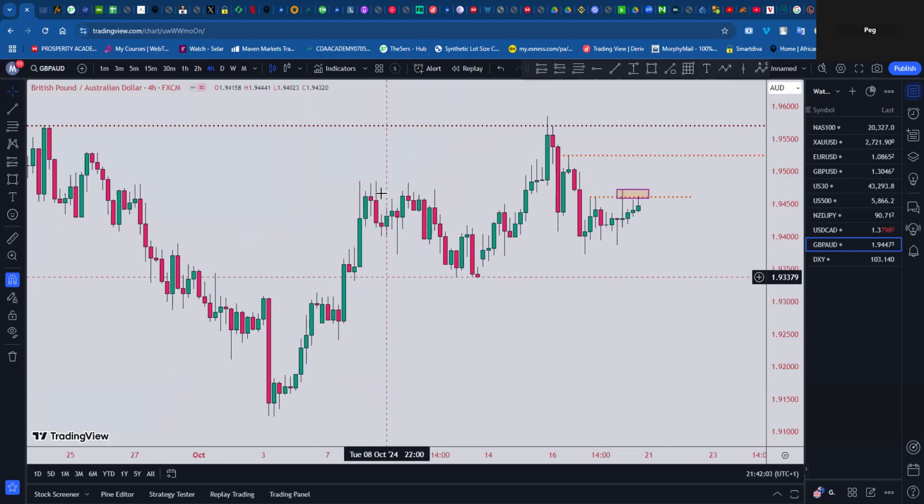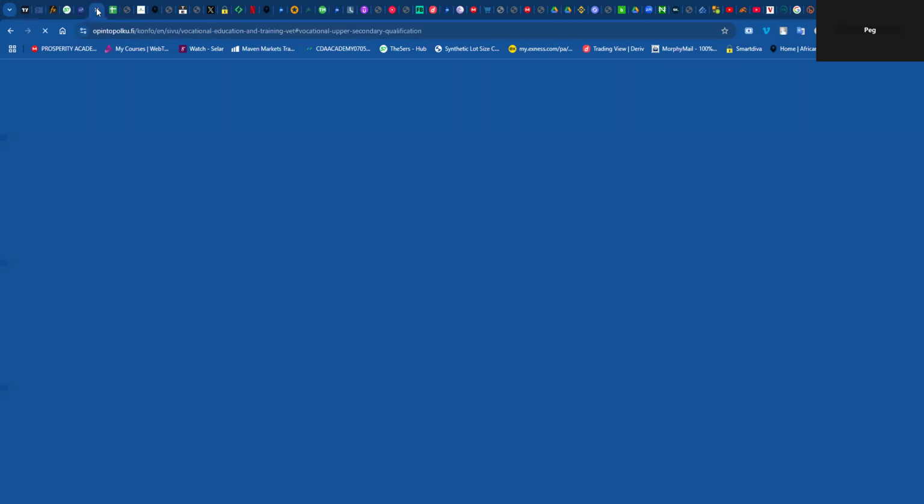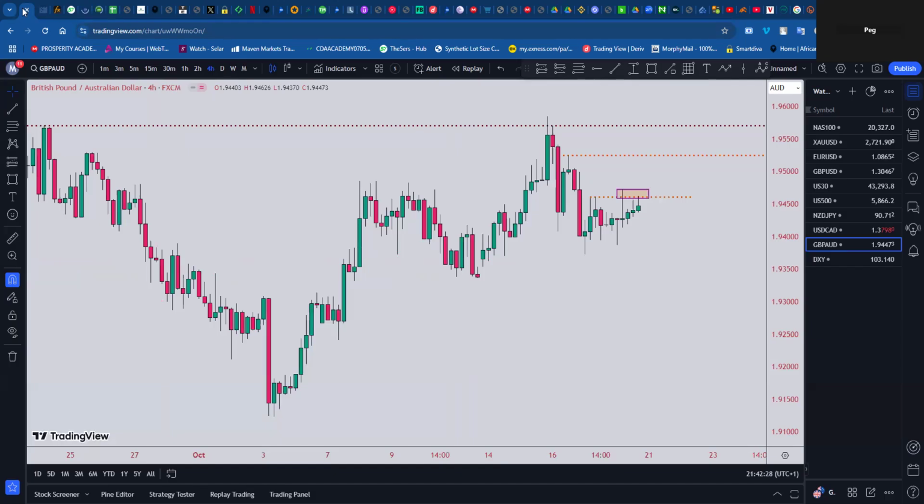I'm assuming that on this side, the price just got to this top here. It has not made this retracement down. It has not made this pullback or this correction. Or maybe let me go to somewhere I can use the replay, to GBPUSD, 4 hours time frame.